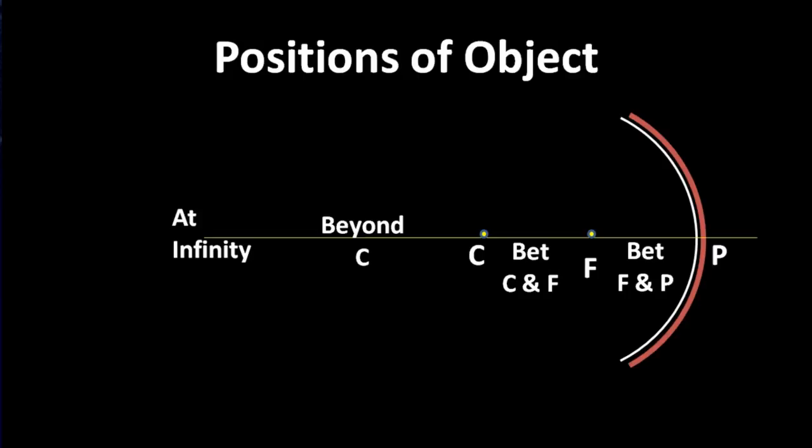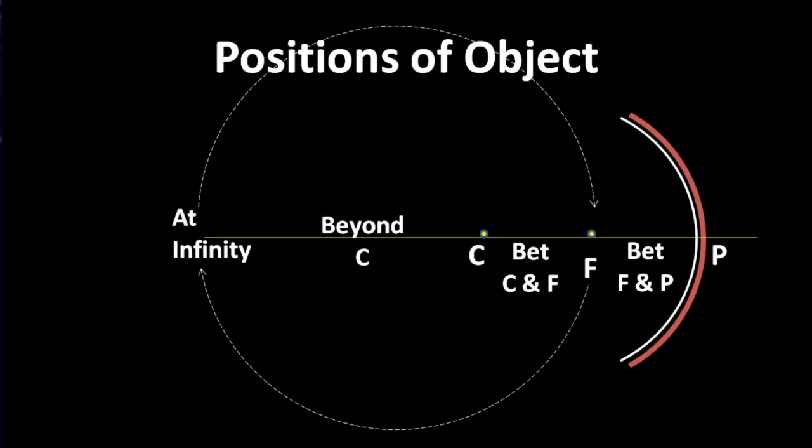So there are certain interesting patterns that we have observed in the image formations. When the object is kept at infinity, its image is formed at focus. And when the object is kept at focus, its image is formed at infinity.